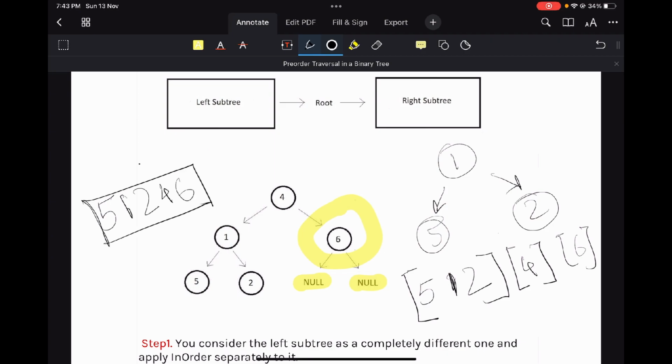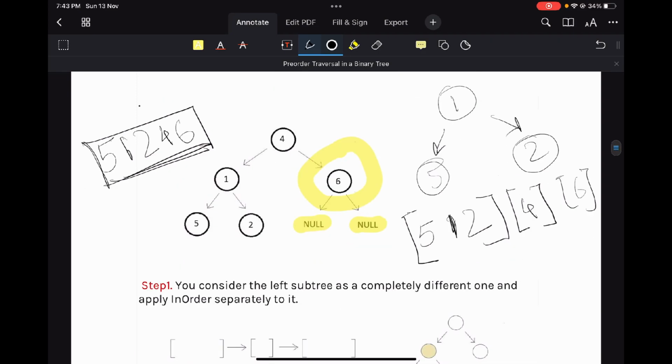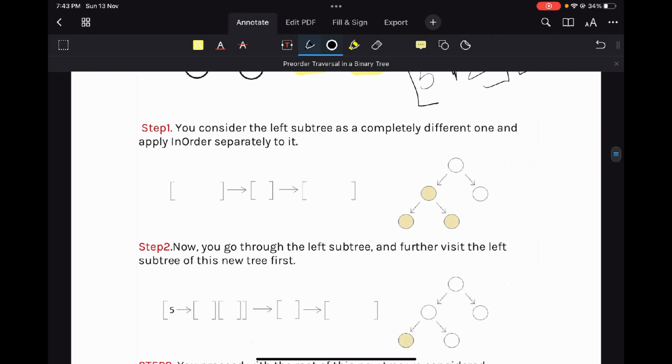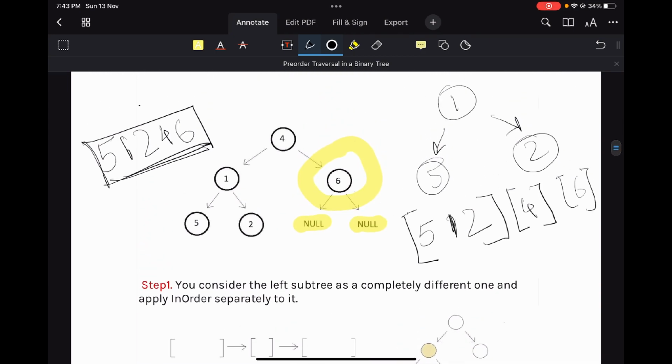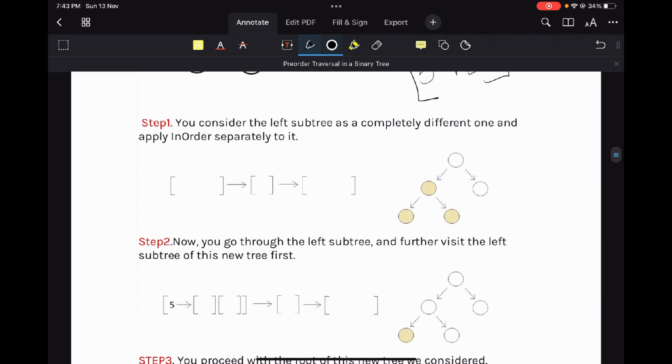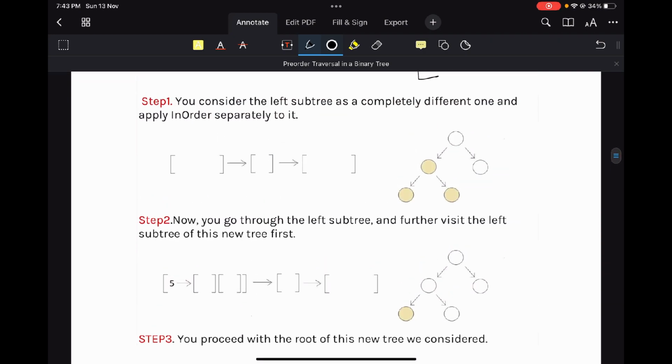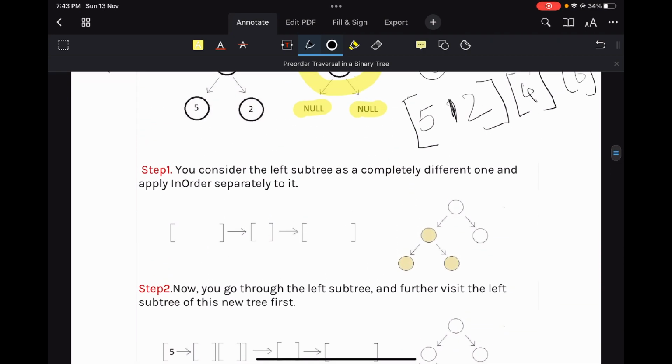This is our in order traversal solution for this binary tree. Now you will get your steps in detail. It's written in a bit more proper way, as I have just shown you a rough way. You can consider the following steps for better understanding. It's showing the same thing, that we have considered the left subtree at first sight.